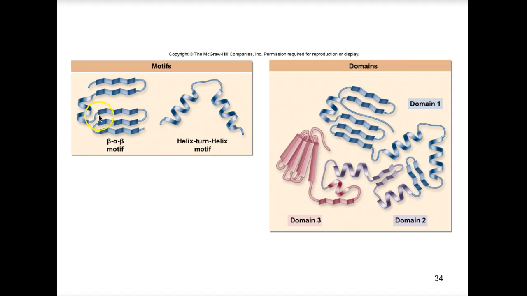If you look, here is basically the two different types of motifs that you could see. Here you have the beta alpha beta motif: here's the beta structure, the alpha structure, and then the beta structure again. And then here you have helix, a turn, and then another helix.